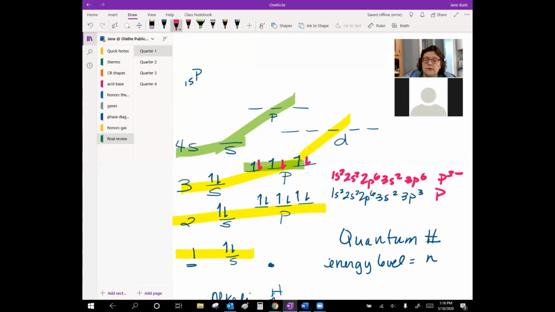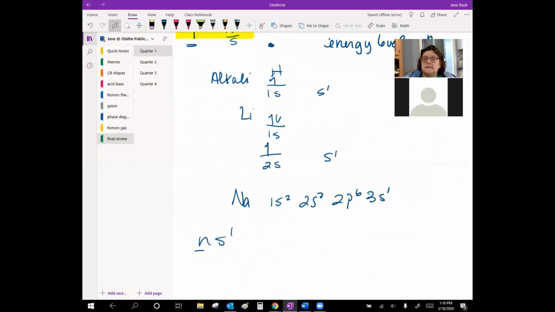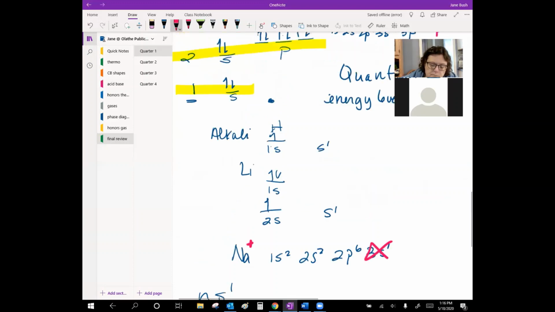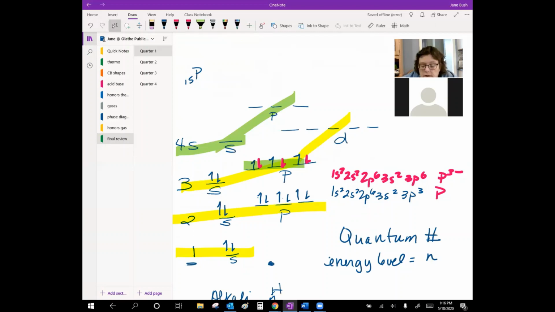You have to go back and figure out sodium's electron configuration when he's an ion. And sodium's in the first family, they're going to lose 1 electron. So that's going to be sodium's ion electron configuration. Okay? So, basic rules on electron configurations.